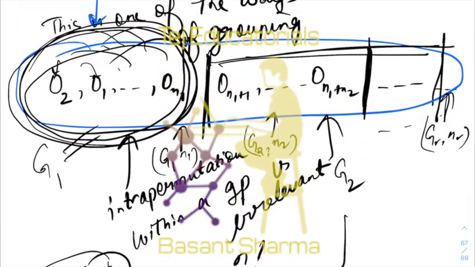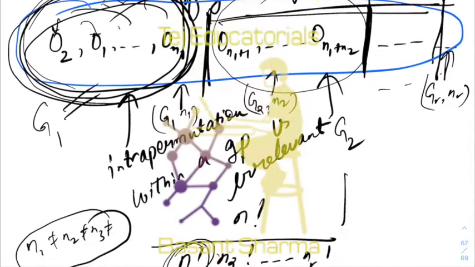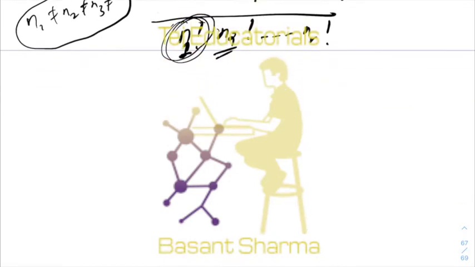Since the group sizes are different, the intra permutation of group 1 will be different from the intra permutation of group 2. The first step is n factorial upon n1 factorial.